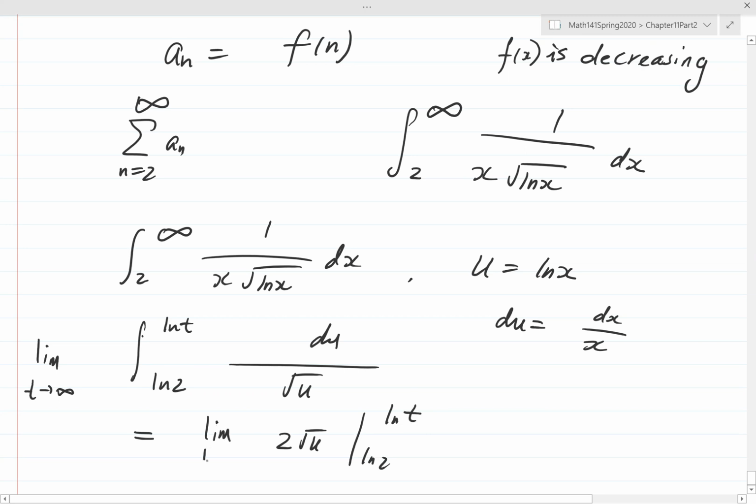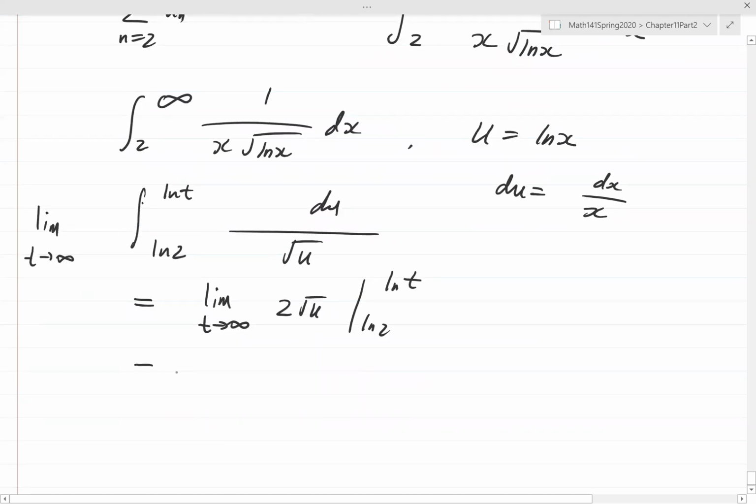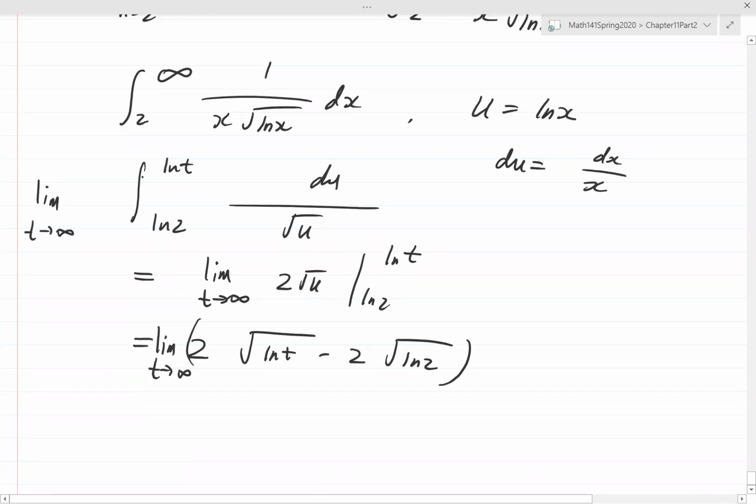Now you evaluate: this is twice square root of ln t minus twice square root of ln 2, and then t approaches infinity. This clearly is infinity; the limit does not exist. It can be arbitrarily large as t approaches infinity, because ln t approaches infinity in this case.